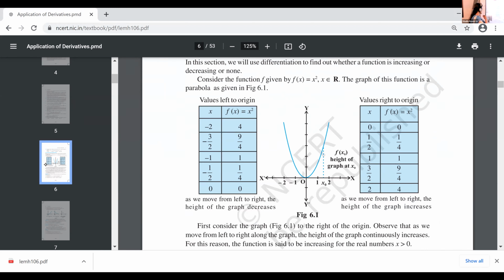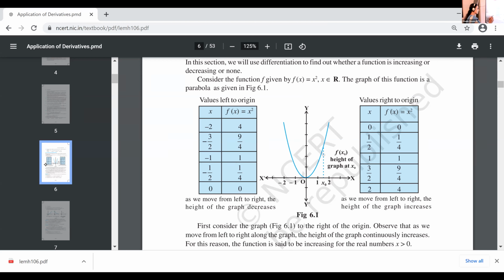If we move from left to right, f of x is also increasing. Again, if we move from left to right, here from this point it is coming down. As x is increasing, f of x is decreasing.